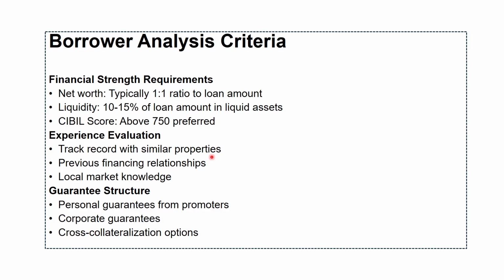CIBIL score above 750 preferable, and in the past what type of projects they have done, and what has been their experience with other financial institutions if they had taken loans. So, all that will be analyzed. Previous financing relationships, local market knowledge of that person. All that will be established.